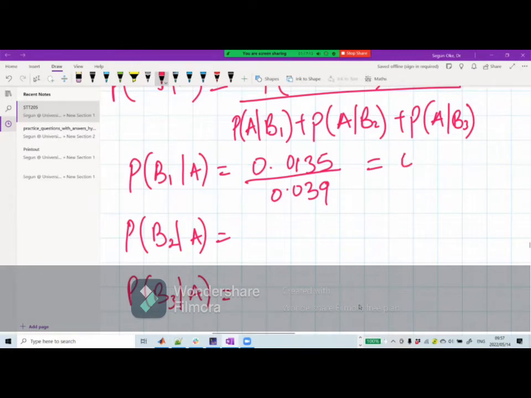The first one is 0.34, to 4 decimal places, please. 0.3462. Thank you. The second one, 0.4487.